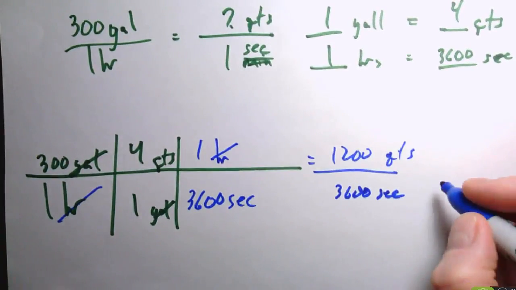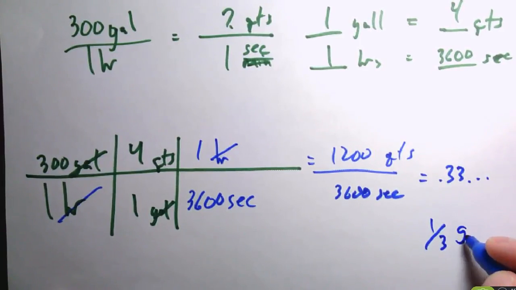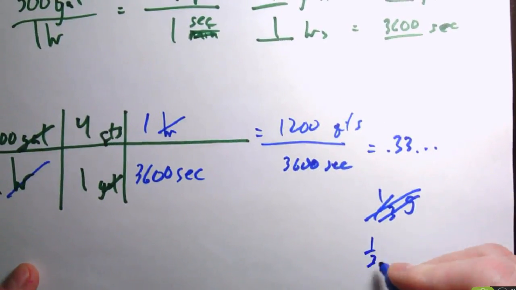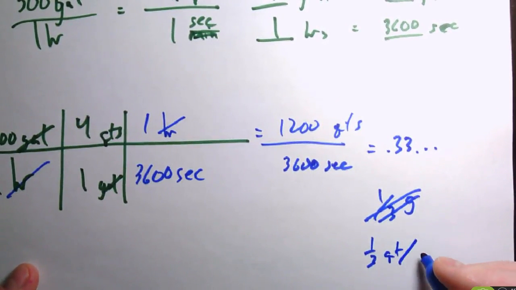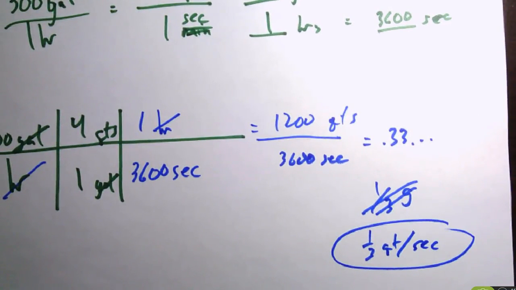If you get your calculator out and divide it, you'll get 0.33 repeating, or 1/3 quarts per second. That's how we're going to reduce.